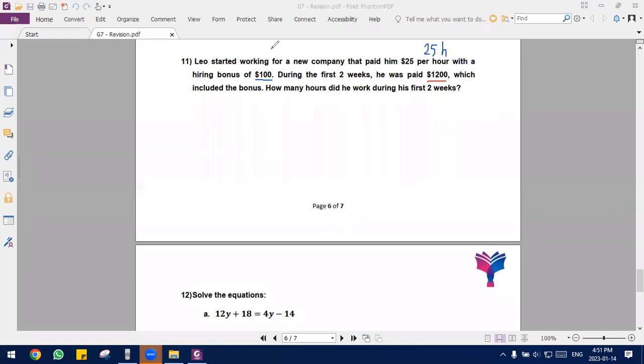The question says how many hours did he work his first 2 weeks? Okay, then we need an equation. When they hired him, they paid him $100. This is a bonus. And he's working for a certain number of hours and he's getting $25 per 1 hour. For 2 weeks, he received $1,200. Now we just solve it.